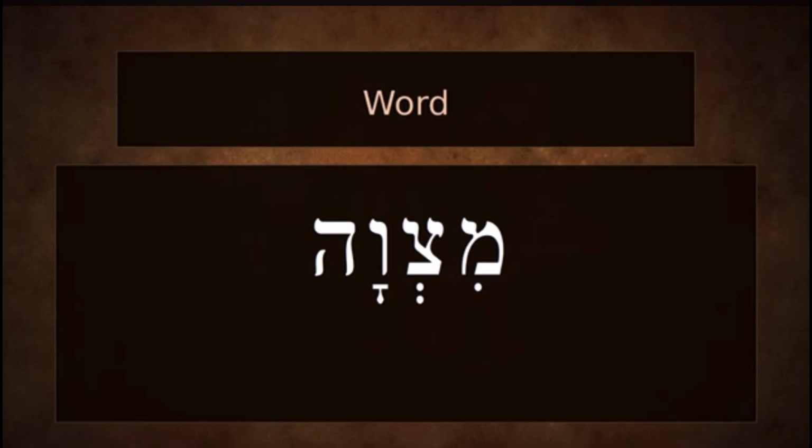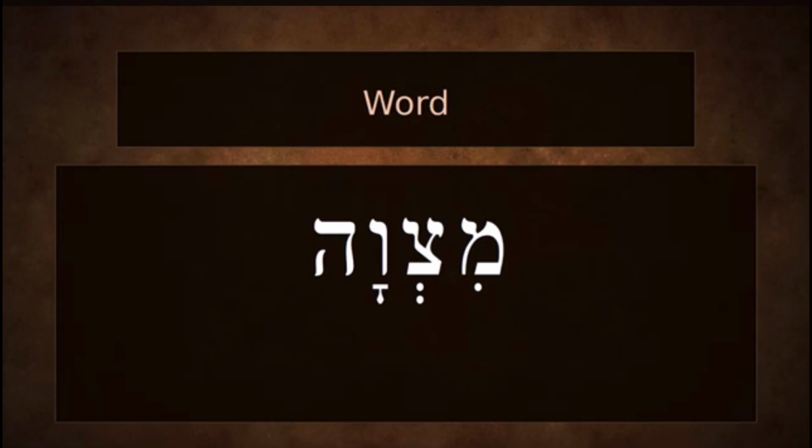Here is a word that uses the shva. It starts with mem, a chirik under the mem, tzadi, shva under the tzadi, vav with a kametz, and a hey at the end. Let's pronounce this word.